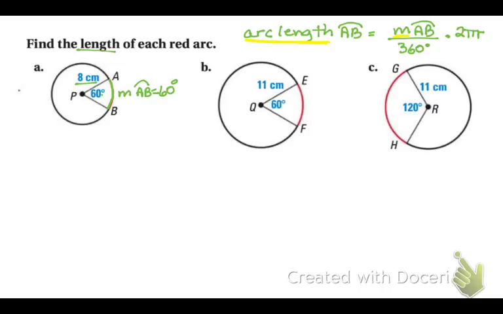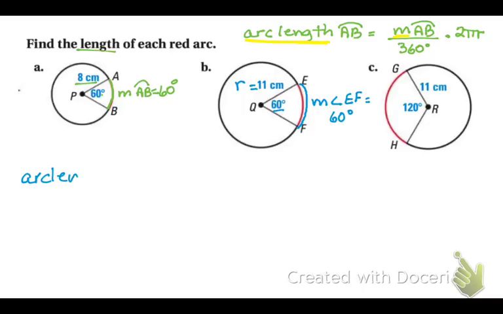I'll change colors. Okay, so we're looking for arc length of EF. So our measure of arc EF is equal to 60 degrees. Our radius is equal to 11 centimeters. So plug and play.